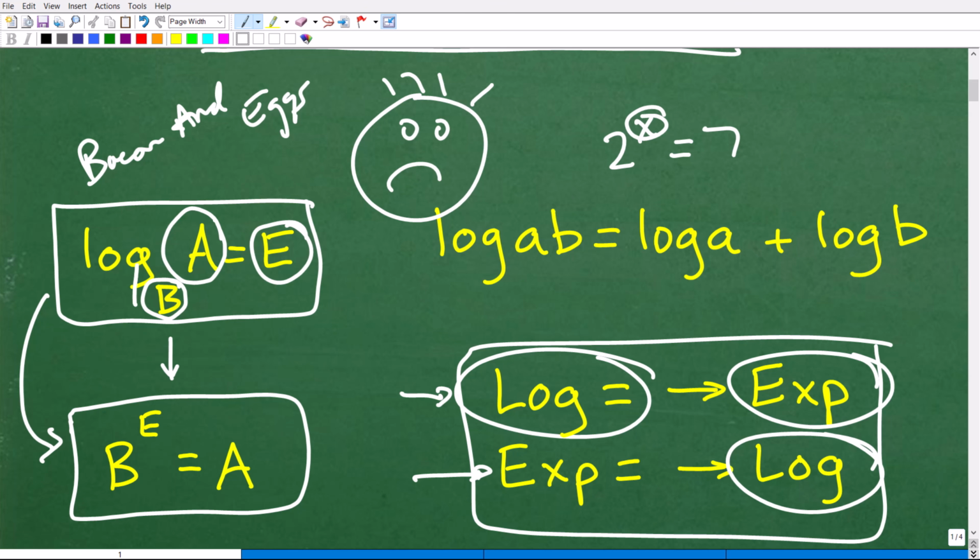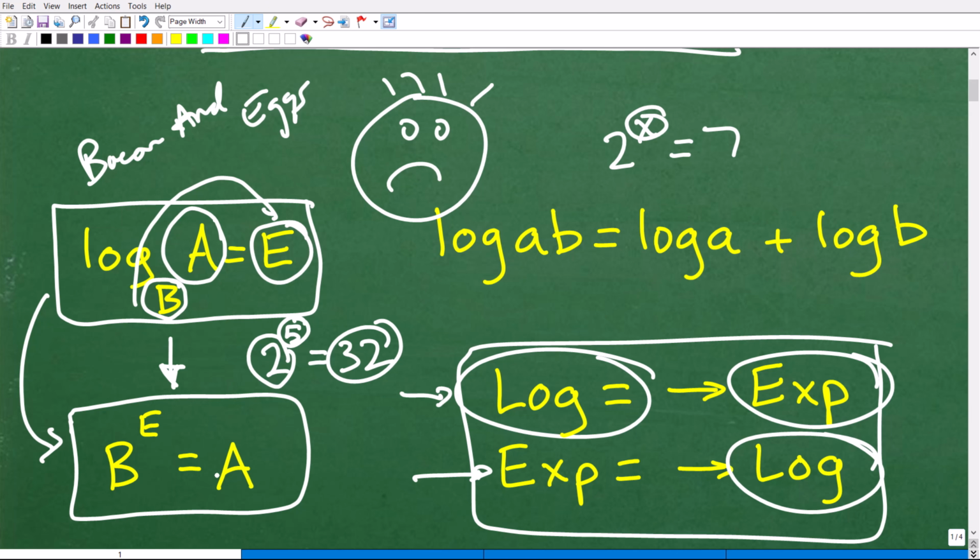So you think of this as bacon and eggs, BAE, which means you can rewrite a logarithmic expression as an exponential expression. For example, 2 to the 5th power is equal to what? 32, right? So 2 is the base, 5 is the exponent, and the answer is 32. So the base to the little exponent is equal to the answer.